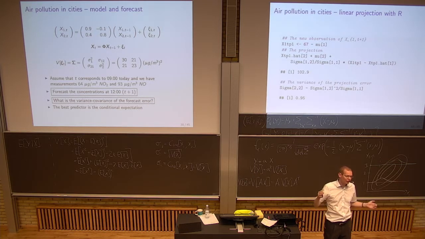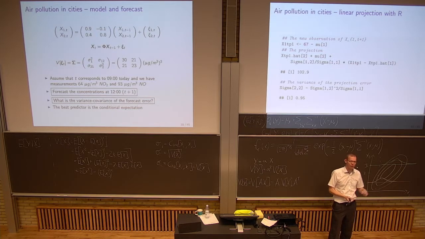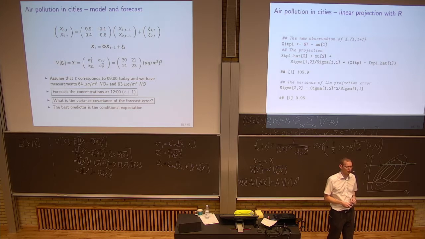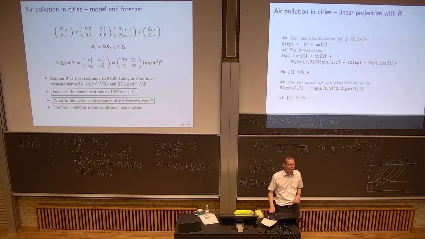So we get, in this case, a huge reduction in the variance estimate of the unobserved variable, because we did observe the other, and because the covariance between them is so large. That is, of course, not always the case, but you will, in general, get some information and thereby reduce the variance.